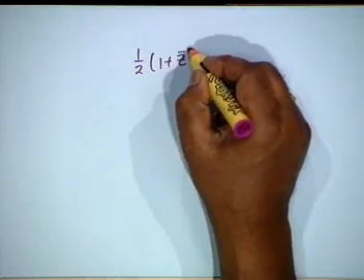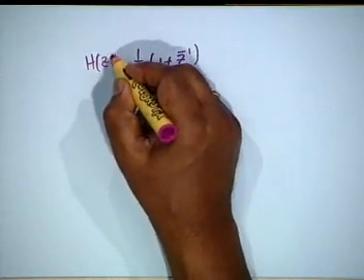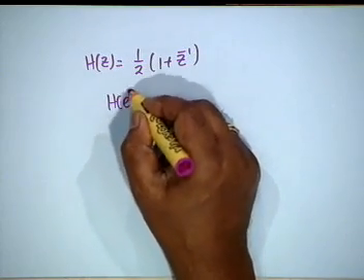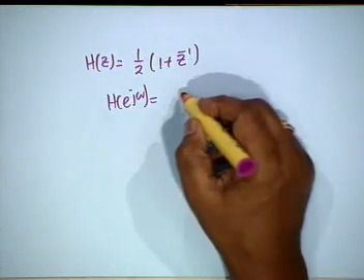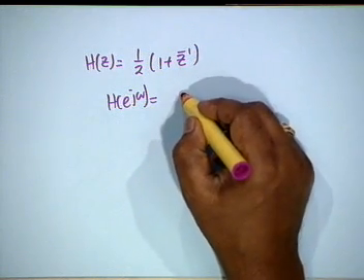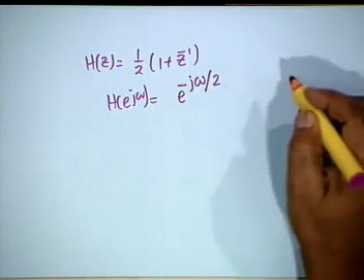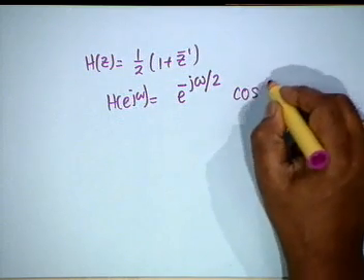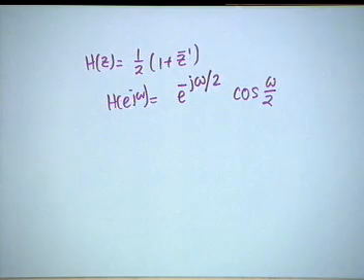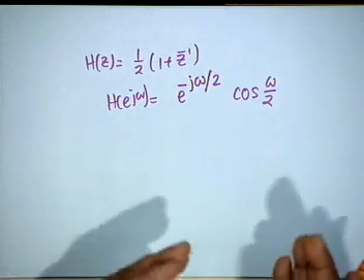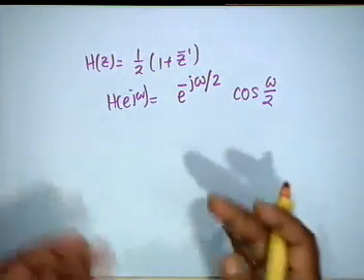But then this low pass example, half 1 plus z inverse, if you write the frequency response, obviously you can write H of e to the j omega as equal to e to the minus j omega by 2 cosine of omega by 2. Is that right? I am avoiding the intermediate algebra. Put z equal to e to the j omega, take e to the minus j omega by 2 out, then this is what it is.